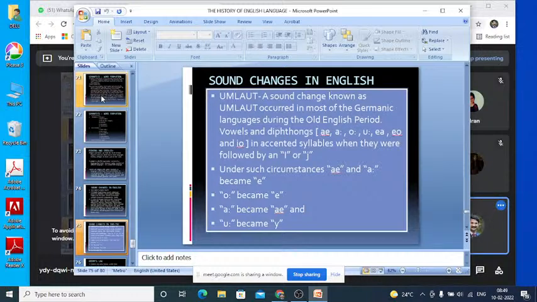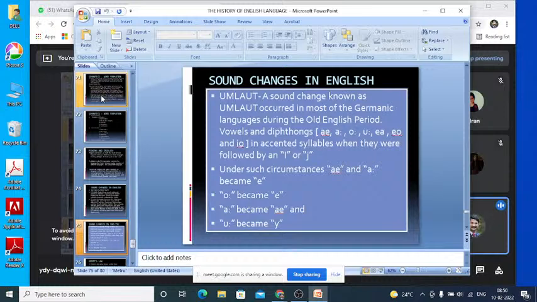period. What happens during the Old English period is that certain vowels and diphthongs, which you can see within the bracket on the slide, such as a, o, u, ao, and eo in accented syllables, when they were followed by an i or j, had some specific changes.